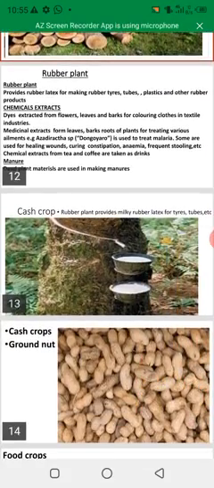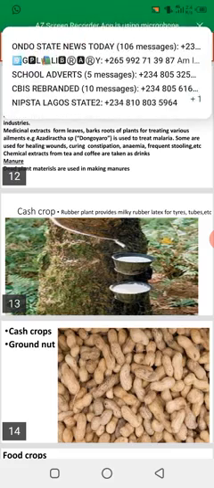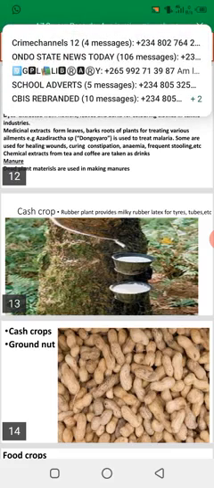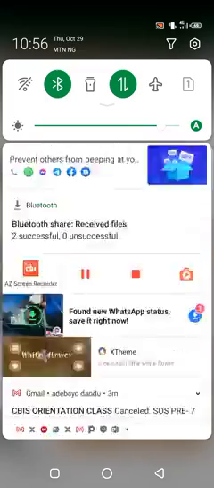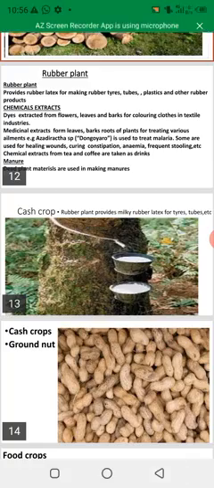Then the next one is rubber plants. Rubber plants provide latex for making rubber tires, tubes, plastics, and other things like that in our industry.